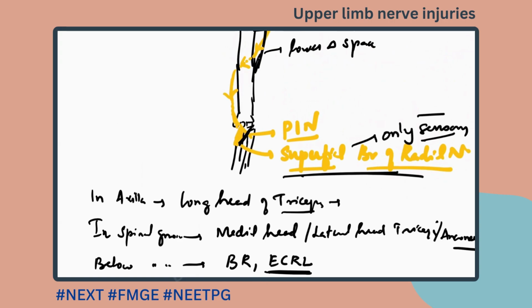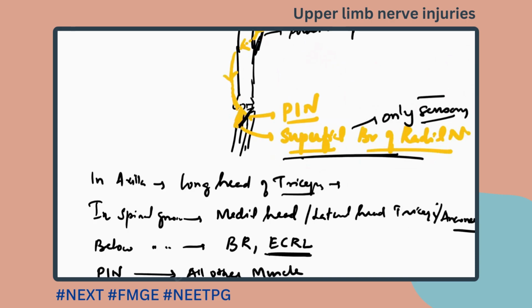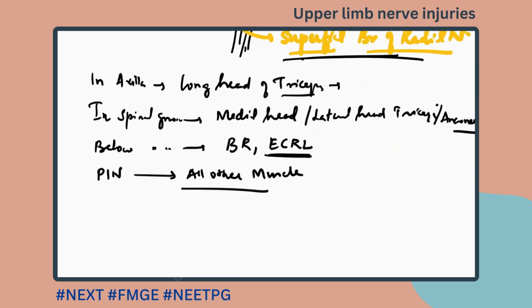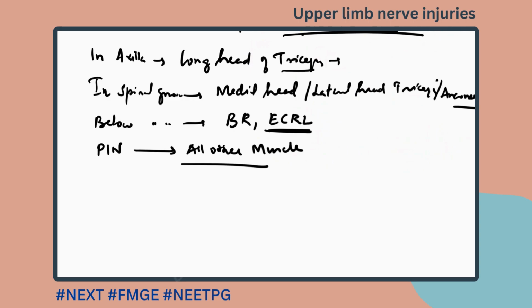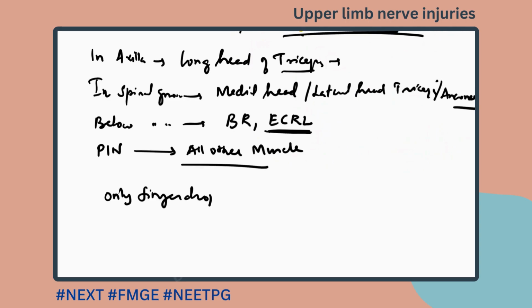What is the thing which the patient cannot do? He cannot extend his fingers. So this is called finger drop. So only finger drop means only the PIN is the nerve which has got injured.